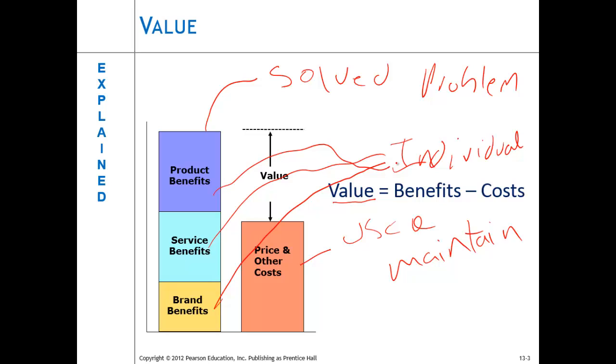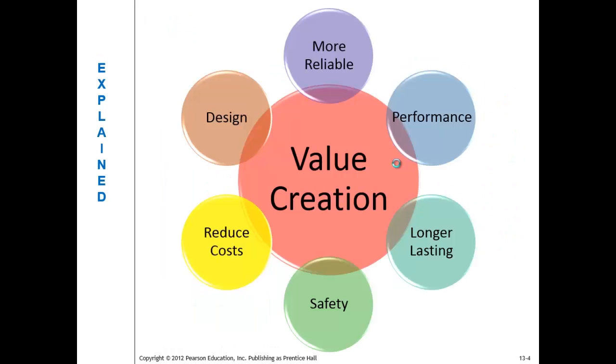However, companies can create value, and they can create value by adding features to the base product. These features could increase the product reliability, meaning that it works more or works more often. These enhancements could lead to better product performance.